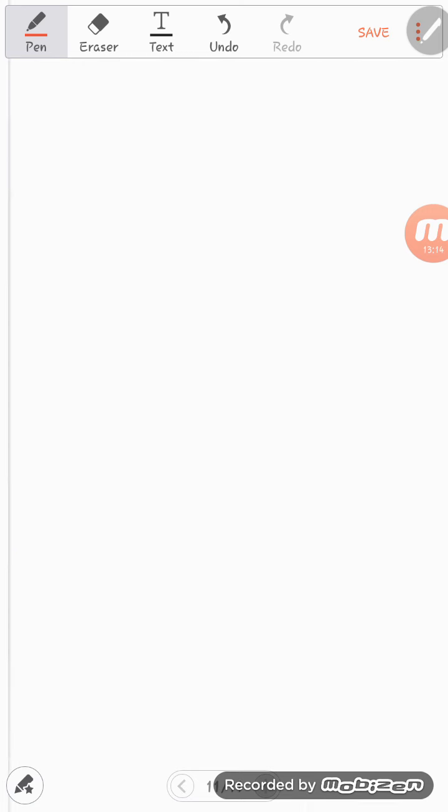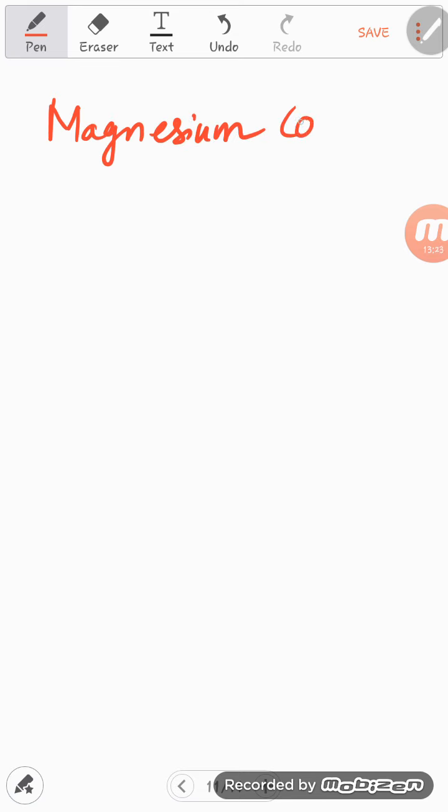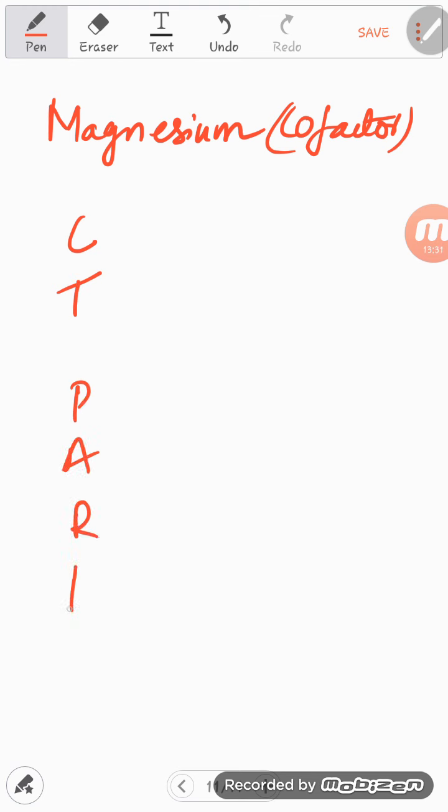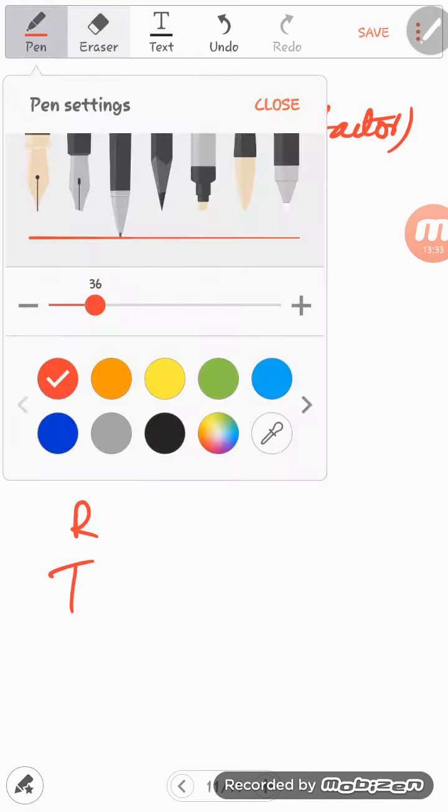There is one more thing: magnesium is used as a cofactor in which of the following enzymes is a question. So the answer is CT PARK. Okay, what CT PARK means we will learn ahead.